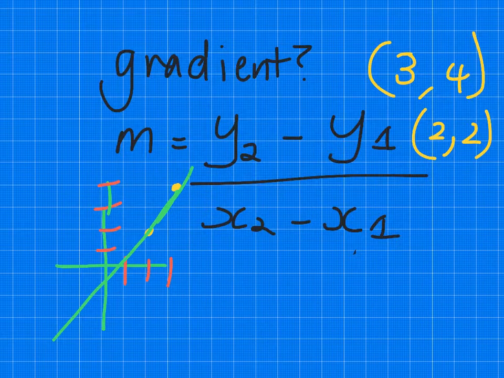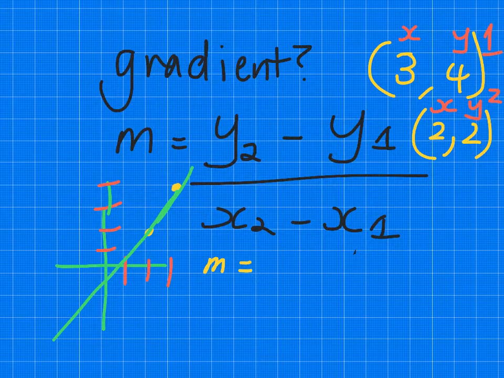So what we're saying here is, let me change a colour for you so you can actually see what it is that I'm saying. So m equals, now just to make it clear, this is x, this is y, this is x, this is y. This is number 1, this is number 2.